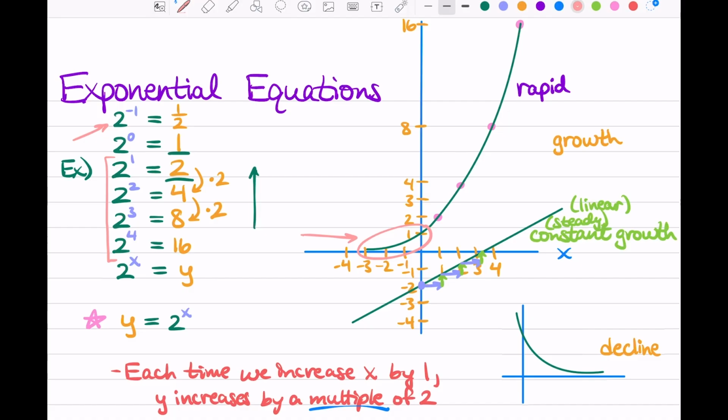And why is that useful? Well, as you've seen in word problems, we can use equations to represent real-world situations. For example, let's say that our x-axis represents years. So 1, 2, 3, 4 represents 2021, 2022, and so on. And our y-axis represents how much money a company makes in millions of dollars.